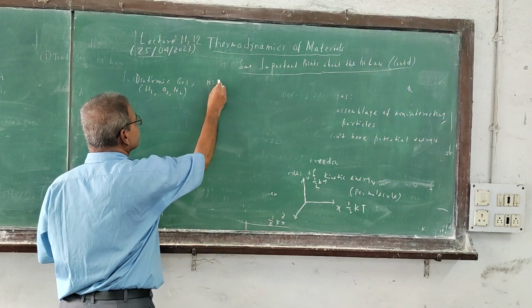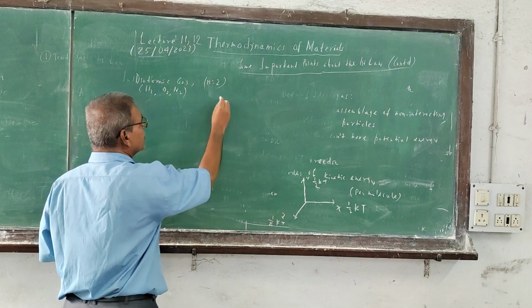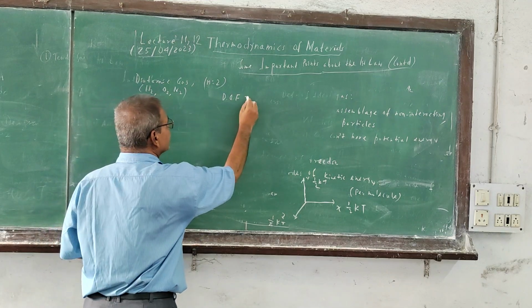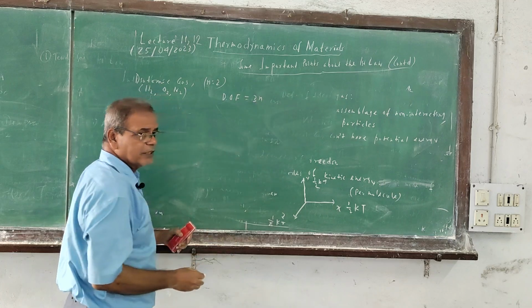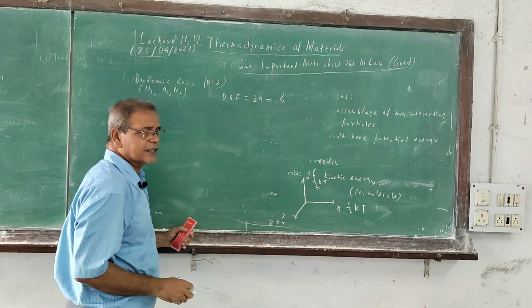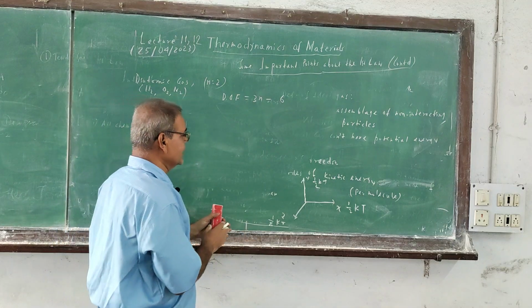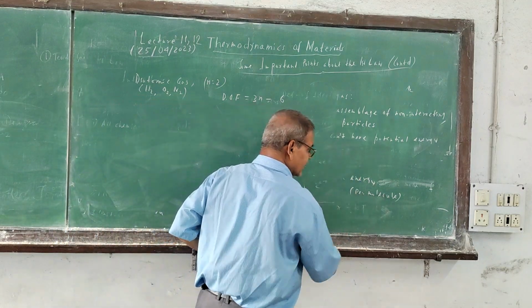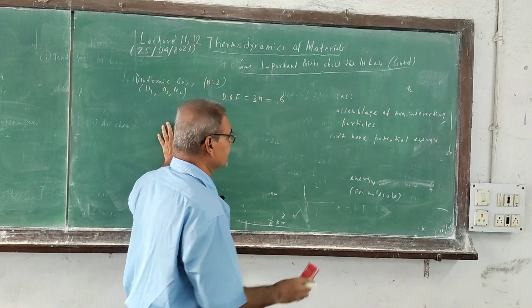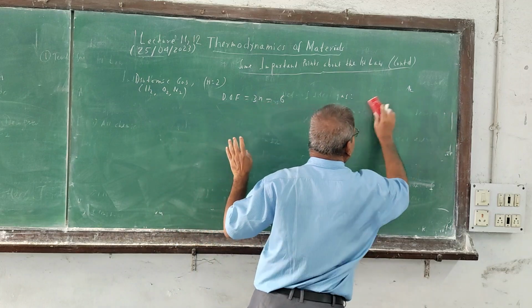So again you tell me, N is 2. Then degrees of freedom, DOF, this is 3N, this is not the phase rule degree of freedom, a different kind, 6. So 6 you have to distribute, but since we consider they are behaving ideally, it's an ideal gas, so 6 kinetic modes.